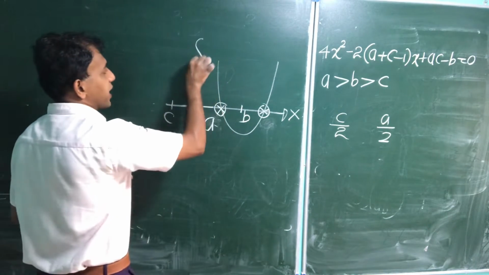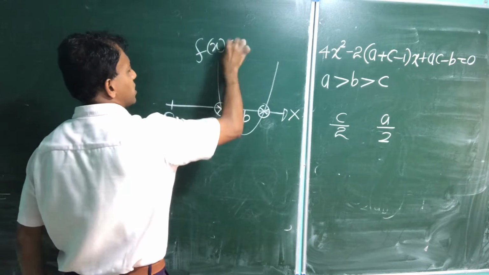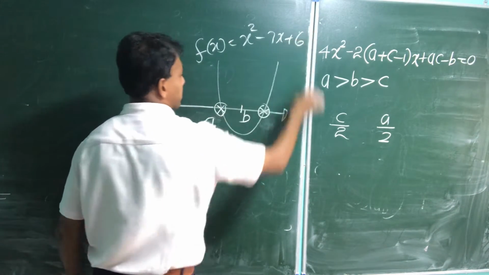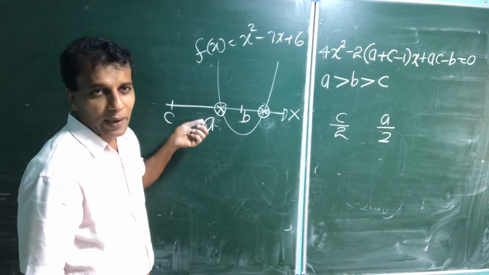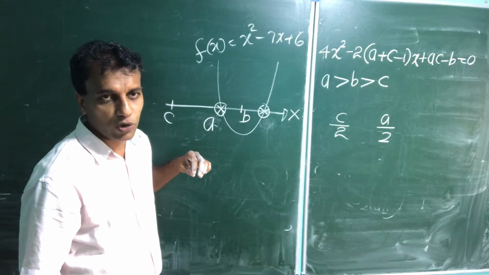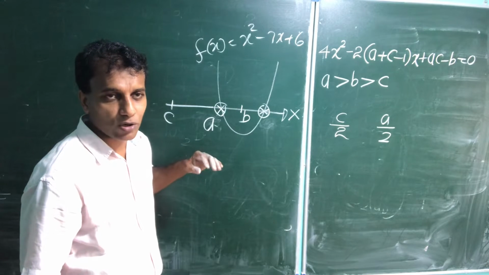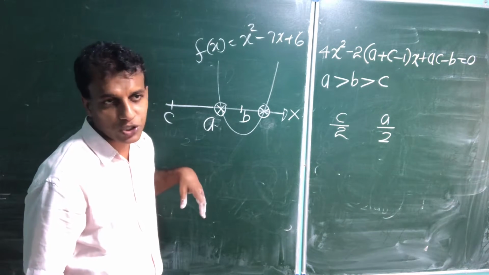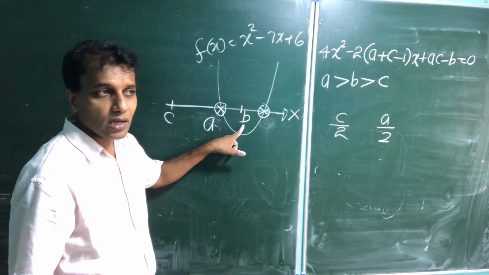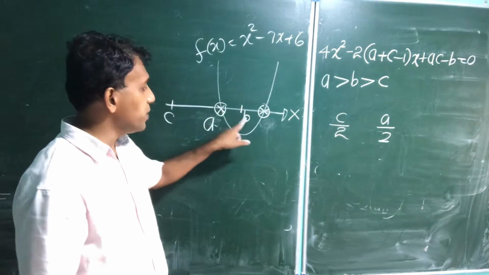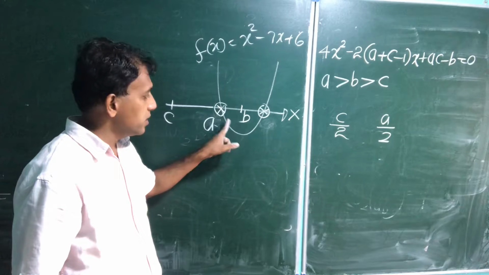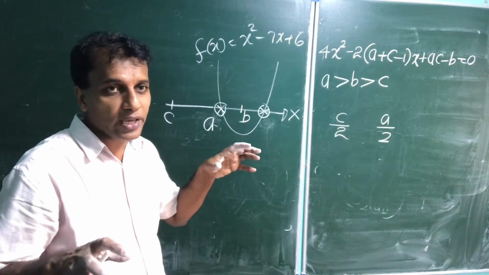This is a function, for example f(x) equals x square minus 7x plus 6, roughly. Get the full information on how to work not only this but any question of this kind. Show that one answer lies between B and C.